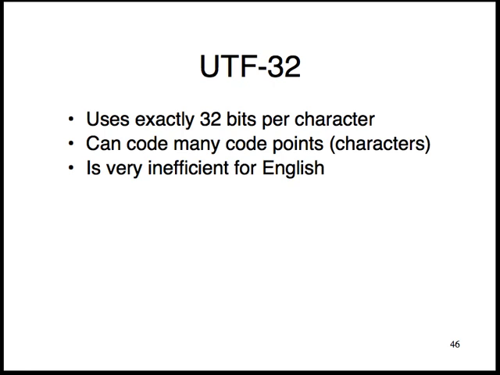They might have everything they needed. And so people in the Western world were kind of, well, that's great, 32 bits per character, we'll all be using the same system. But that means every single thing we do would be 4 times as big.